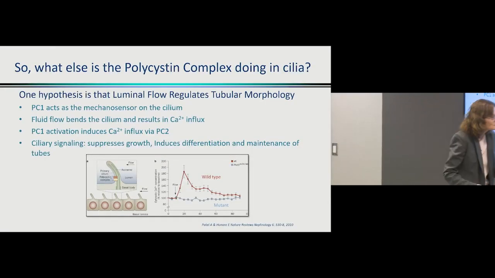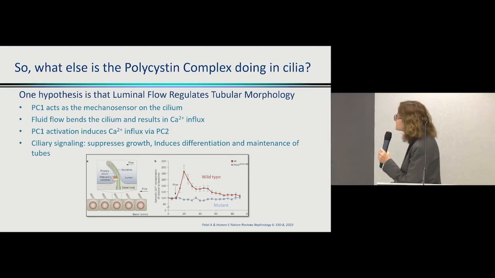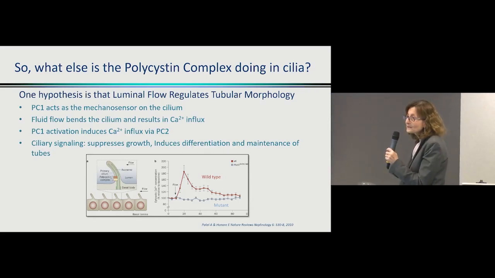So now I guess we can come back and say that might be one thing that the polycystin complex is doing in cilia, but another hypothesis has been that it regulates luminal flow, and thus is regulated by luminal flow and controls tubular morphology. So the idea behind this is that polycystin 1, which is that sensor, is sensing flow in the kidney, right?